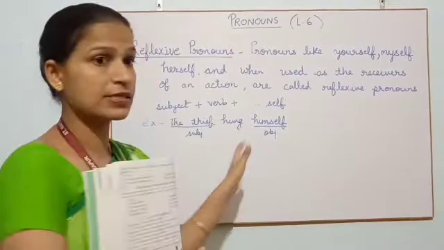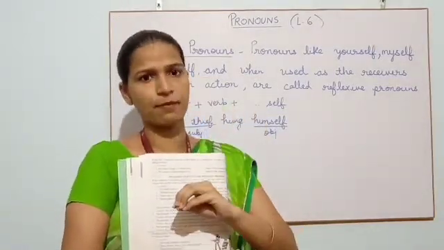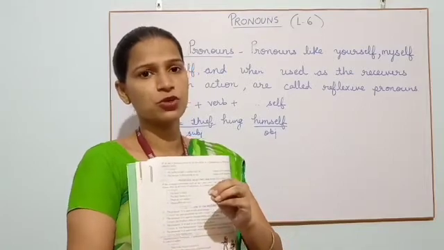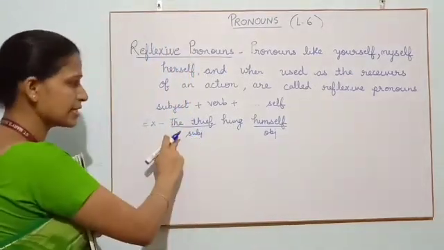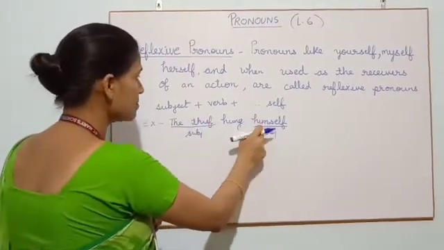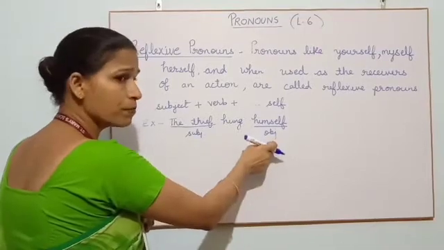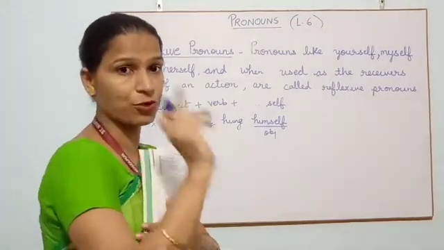And when the subject and the object of the sentence are the same, then also it means you are talking about a reflexive pronoun. Here you can see the thief is your subject, and hung himself. Hung whom? When we ask the question what and whom, you will get the answer of the object. I hope you remember this thing.